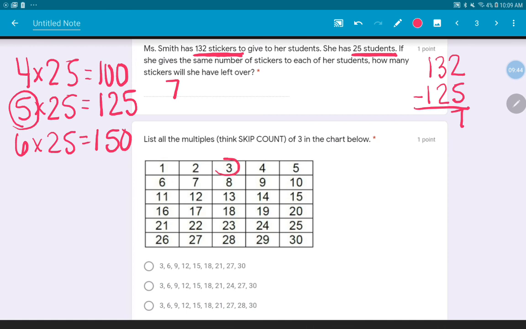Skip count with me: 3, 6, 9, 12, 15, 18, 21, 24, 27, 30. I'm sorry, I missed 24 at first.